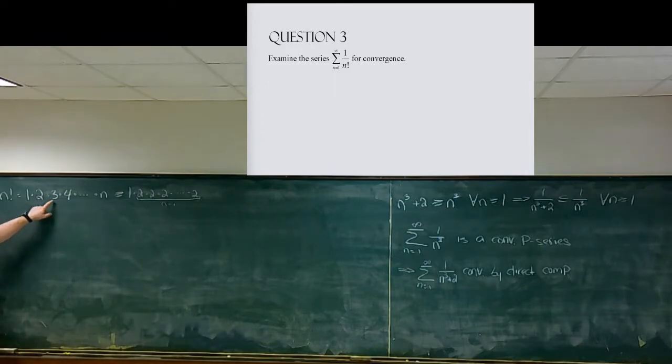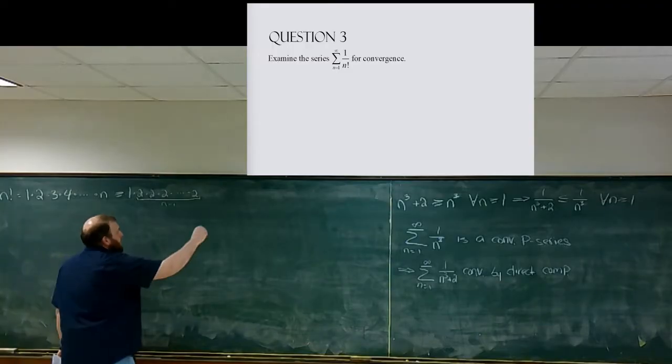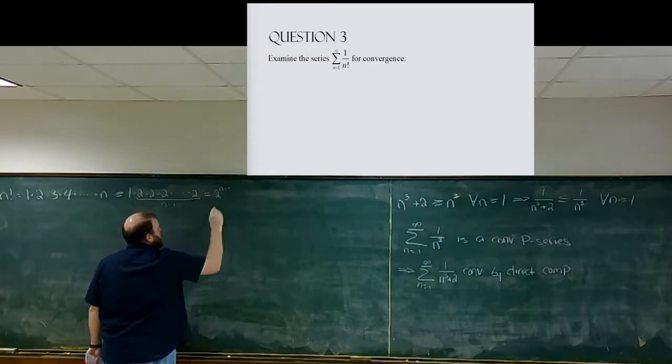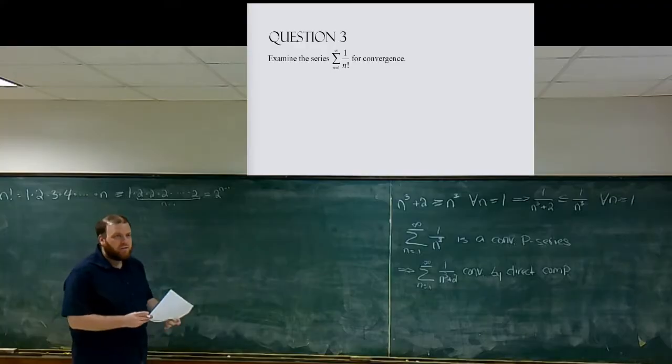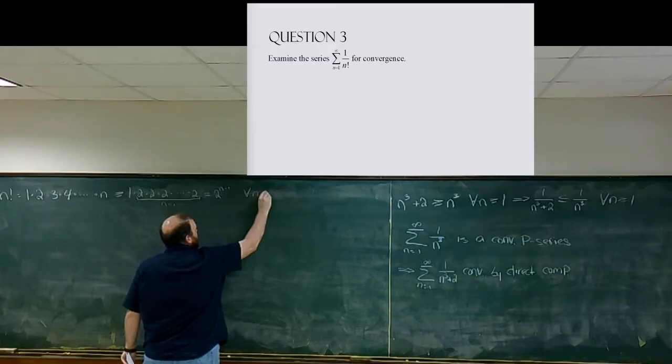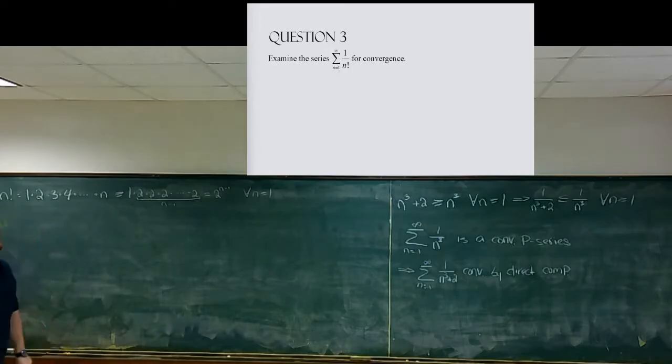So basically, in n factorial from 3 on, replacing with 2 would make this smaller. That's just 2 to the n minus 1. So n factorial is greater than or equal to 2 to the n minus 1 for all n greater than or equal to 1.